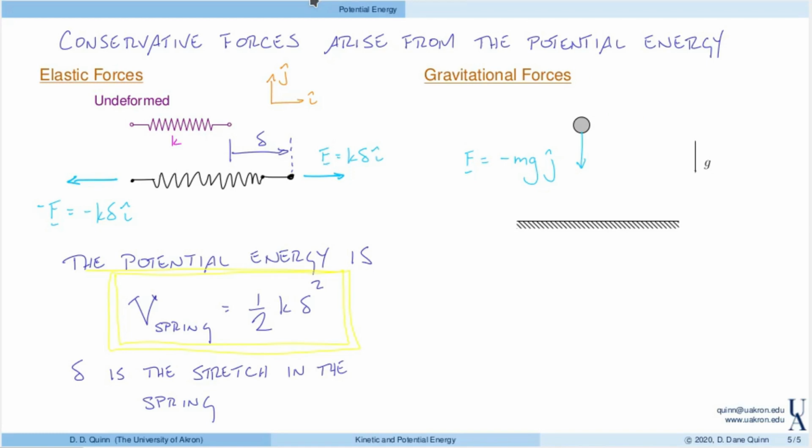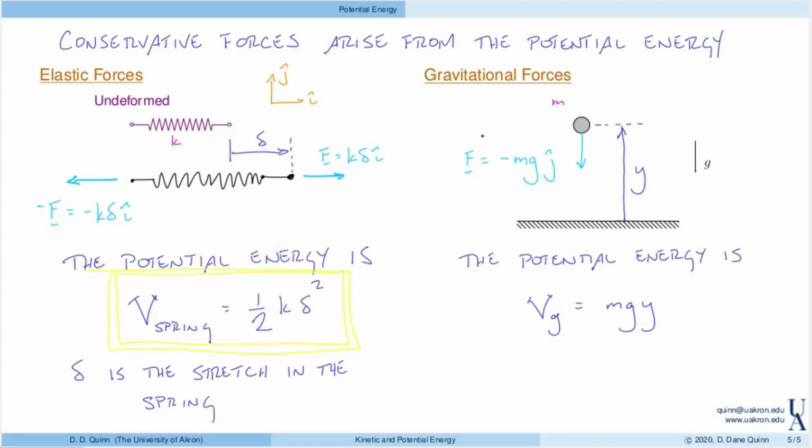And if we define the position or the height of this mass as y, and again this mass is of mass m, g is the gravitational field, then the potential energy V is equal to m times g times y.